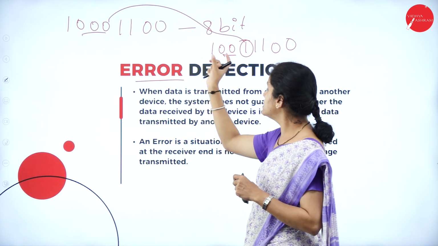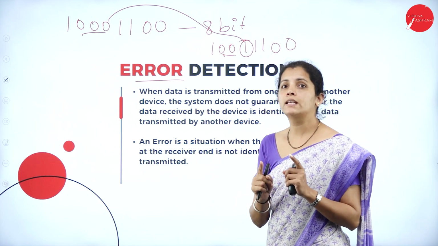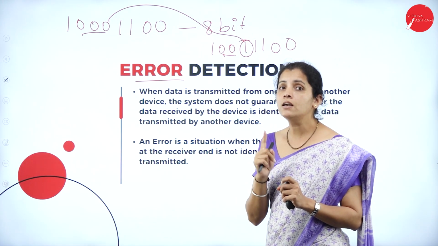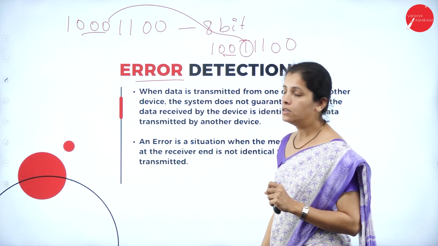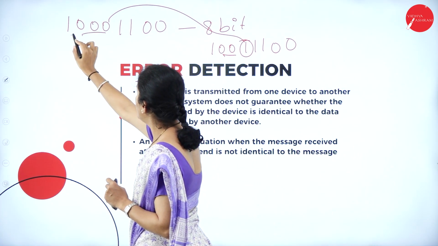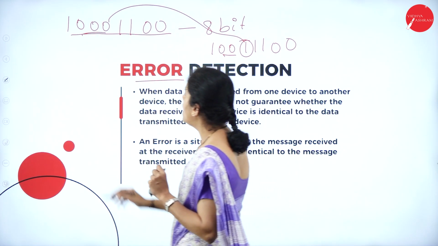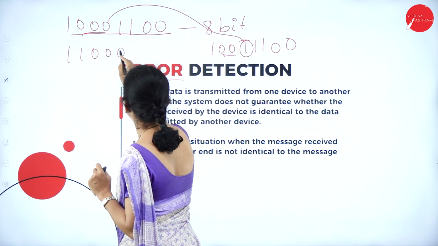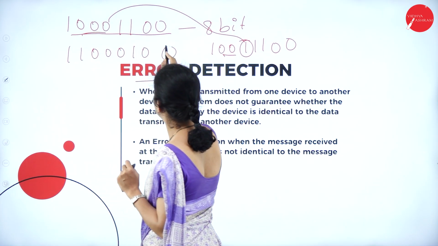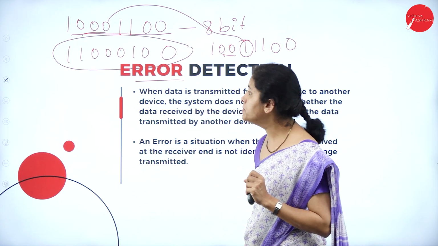In this example, only one bit is corrupted, so it is an example of a single bit error. And if I consider a burst error, see here, this is my data at the sender side and I have the data at the receiver side.